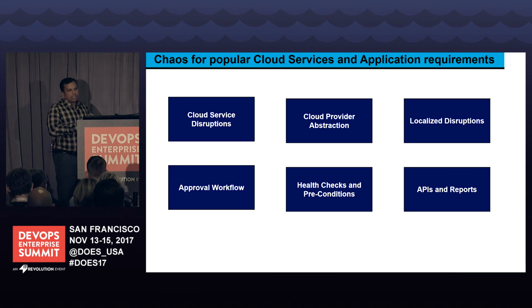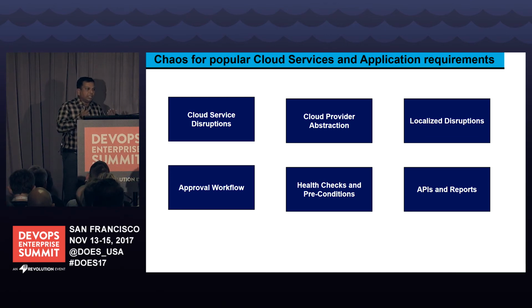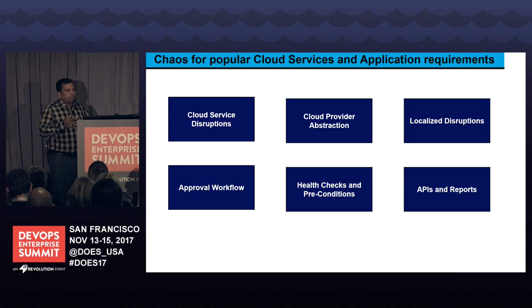Health checks and preconditions. Health checks are very important. It's not a complete monitoring solution, but let's say your application availability can be tested using an HTTP URL or a CloudWatch alarm, for example. Cloud Detour, after each disruption, will go and check your health X number of times or X number of minutes, whatever you wish.